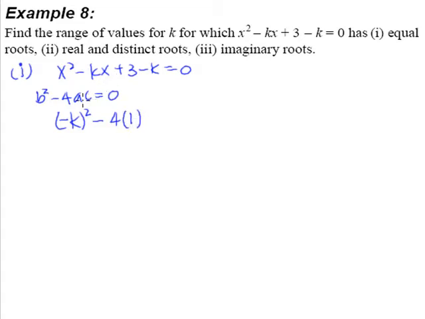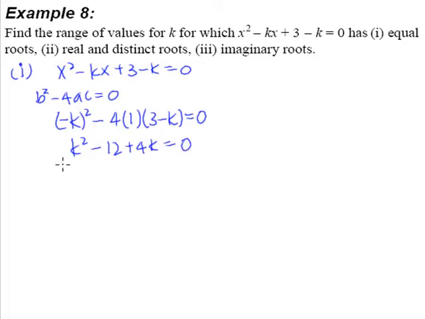And c is of course the constant term, 3 minus k, is equal to 0. From here we can simplify and we will end up with a quadratic equation involving k. So this will give me k squared plus 4k minus 12 is equal to 0.